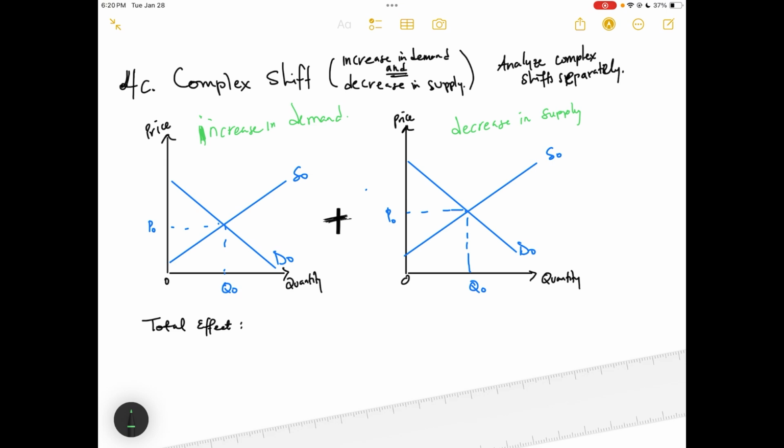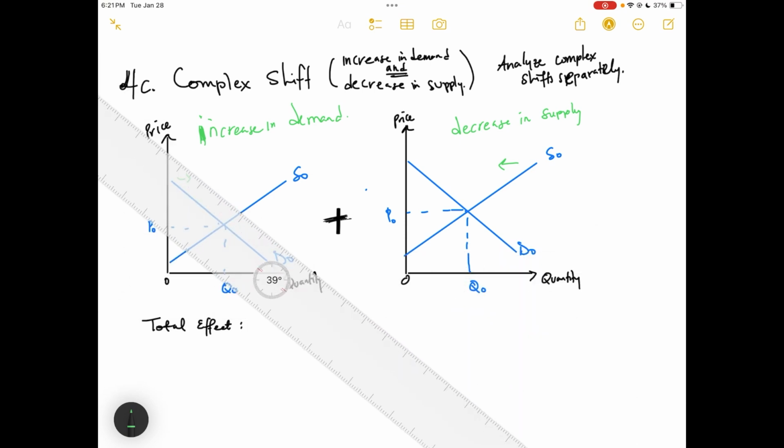Okay, increase in demand and decrease in supply as a complex shift. Let's analyze that. The demand curve increases with a rightward shift and the supply curve decreases with a leftward shift. So increase in demand, rightward shift, decrease in supply, leftward shift.